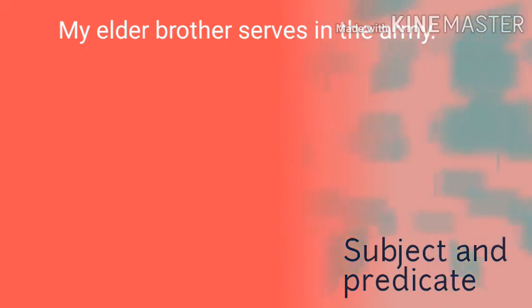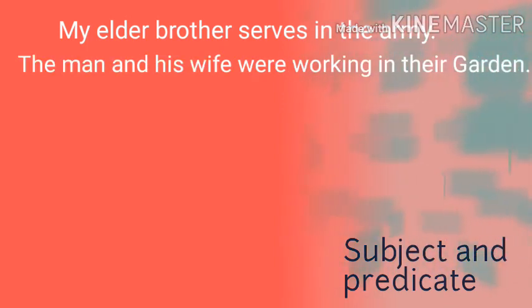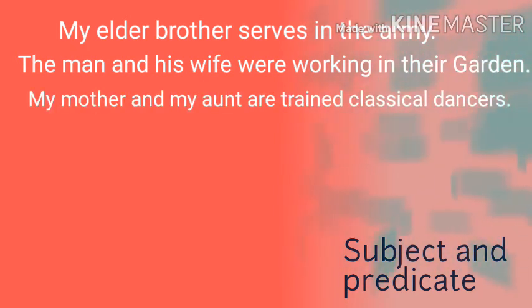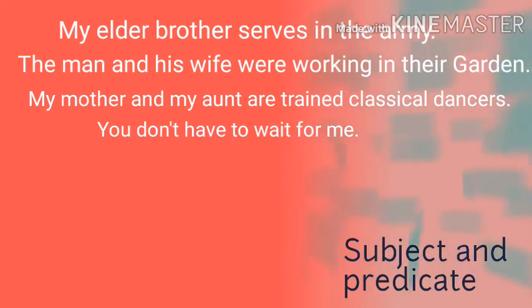Now let's see few more examples of subject and predicate. My younger brother serves in the army. The man and his wife were working in their garden. My mother and my aunt are trained classical dancers. You don't have to wait for me.